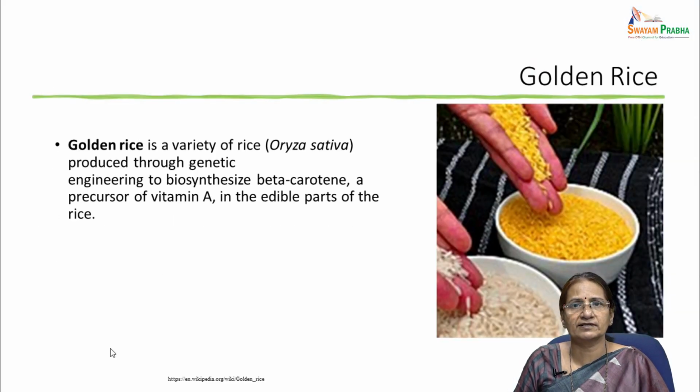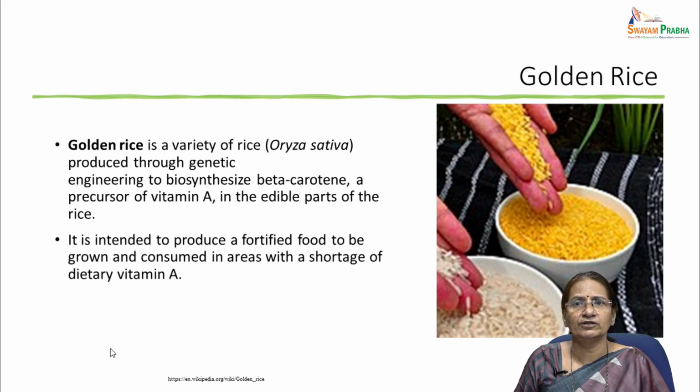Now, golden rice. Golden rice is a variety of rice produced through genetic engineering to biosynthesize beta carotene, a precursor of vitamin A in the edible part of the rice.